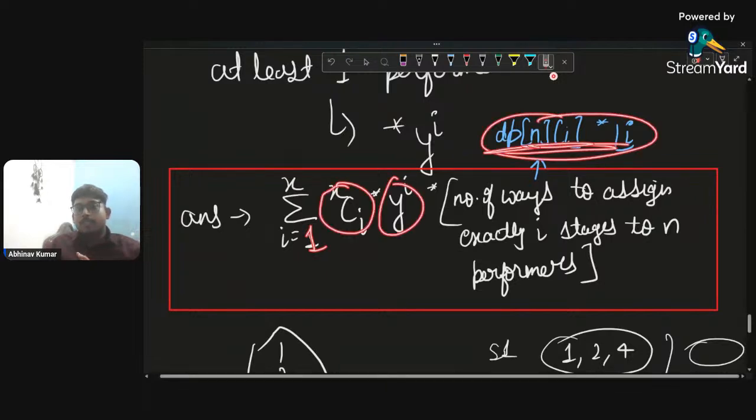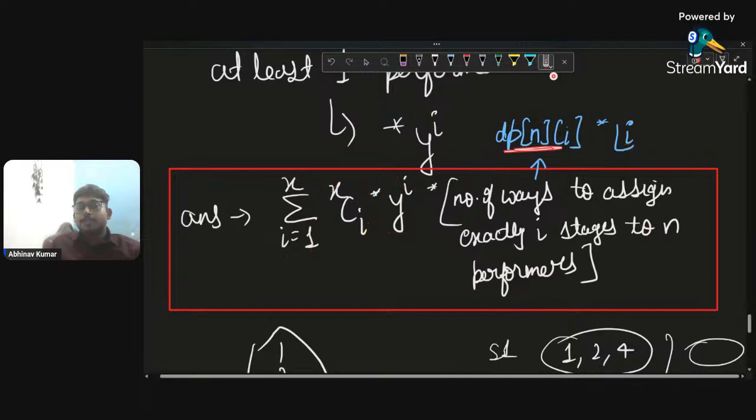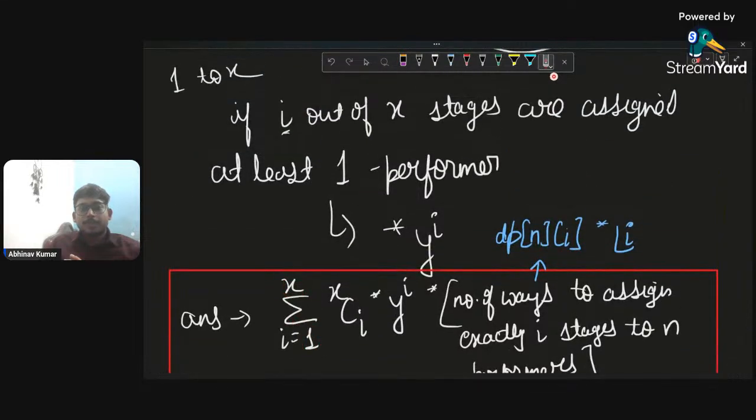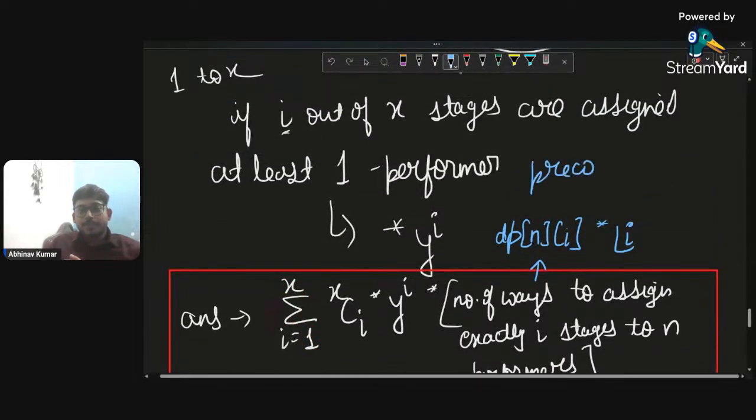If you have pre-computed this dp of n, i, we would have to pre-compute it in n into i times, where i can vary from 1 to x. So we would have to pre-compute dp of n into x.